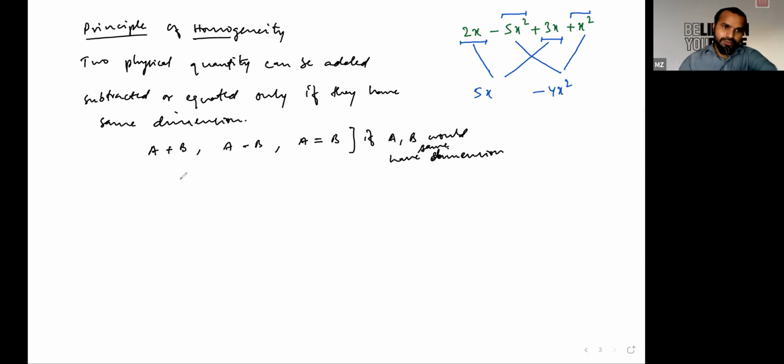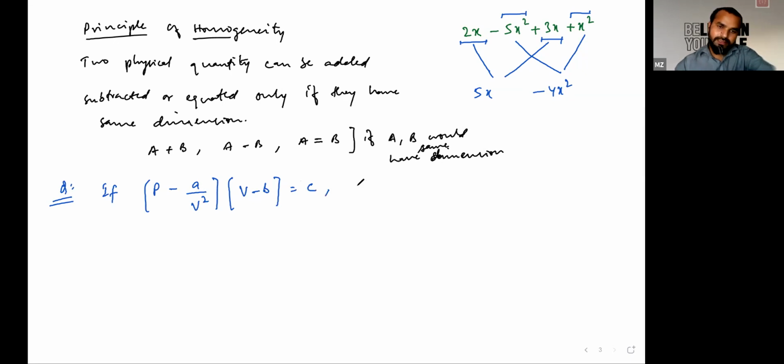Okay. For this principle, I'm giving you one example, and I'll solve it so that it becomes clearer. Suppose there is the expression (P minus a over V squared) times (V minus b) is equal to c. Here P represents pressure and V is volume.